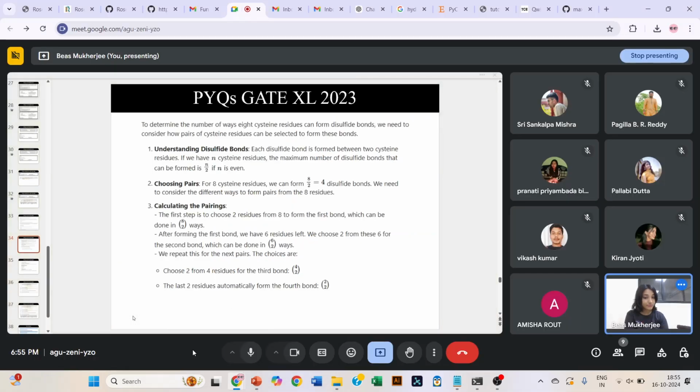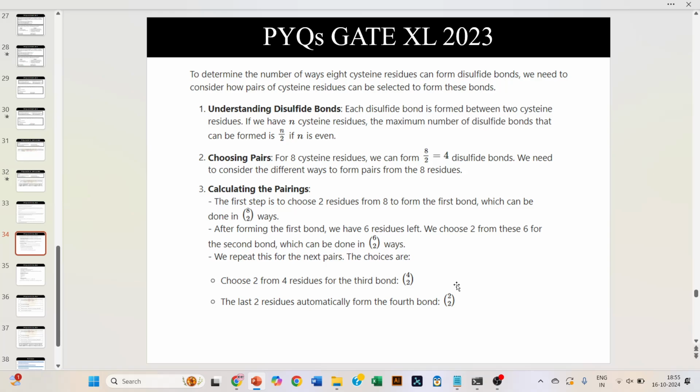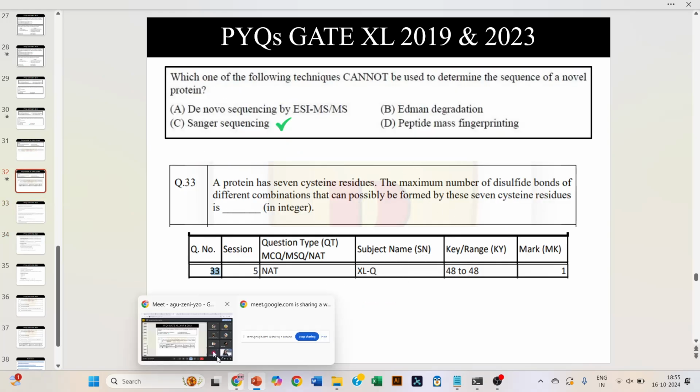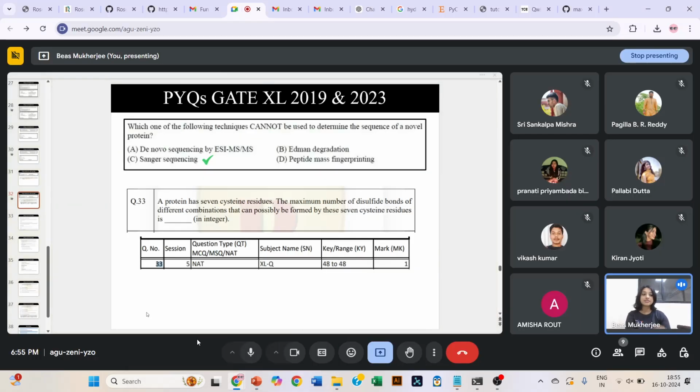But then you can look up whether this question was challenged or not, whether the answer was changed later on, because I have taken this question from IIT Kanpur's website, and there only the answer key was given. Explanation was not given. So based on the answer key, 48 is the answer, but you can always look up.